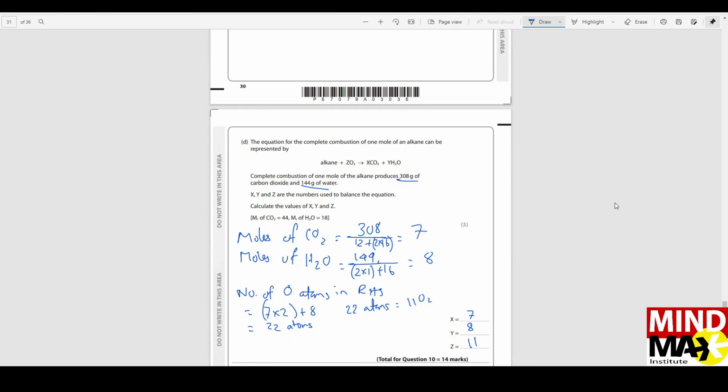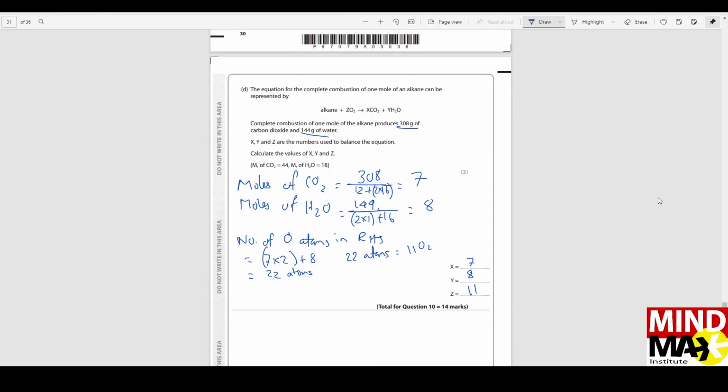So after we have gotten X and Y, we can now calculate how much oxygen there is. On the right hand side, carbon dioxide is X CO2. That means 2 oxygen atoms multiplied by X. So X is 7 multiplied by 2, that gives us 14. And here you have 1 oxygen atom multiplied by Y. So Y is 8, 8 into 1 is 8.